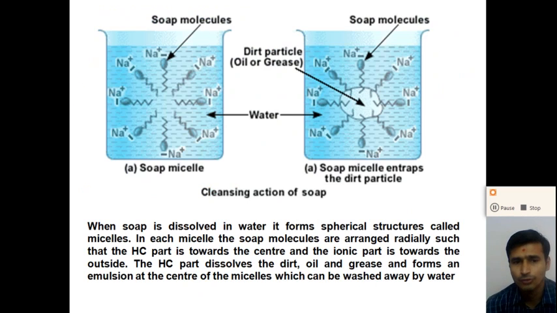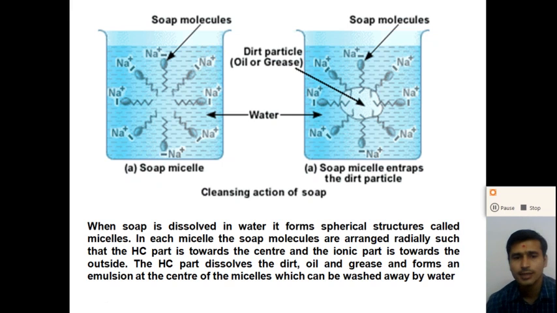So when the soap is dissolved in the water, it forms a spherical structure called the micelle, right? In each micelle, all the molecules of the soap are arranged radially such that the long hydrocarbon part is towards the center and the short ionic part is towards the outside, right?